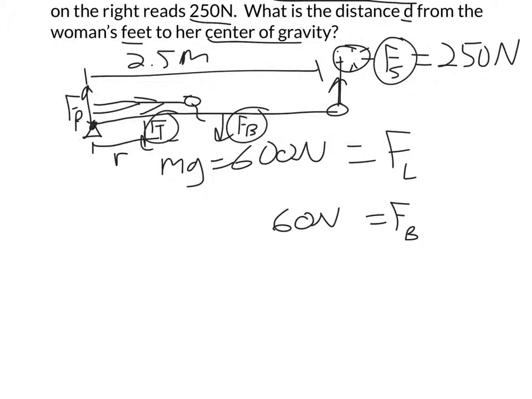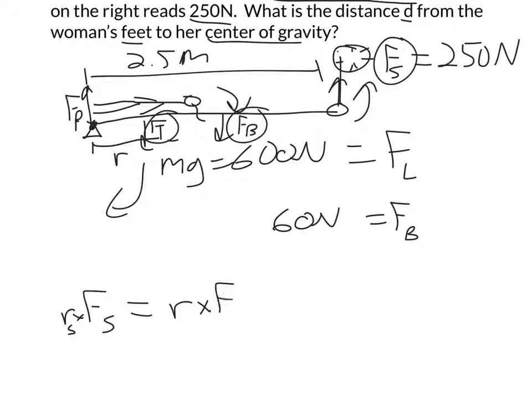So our torque equation then, these two forces here cause clockwise torques, and this force here of the scale causes a counterclockwise torque. So the force of the scale cross the radius of the scale should be equal to the r cross f of the lady plus the r cross f of the board.